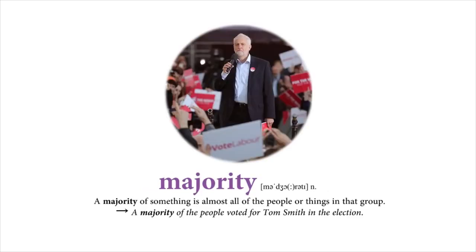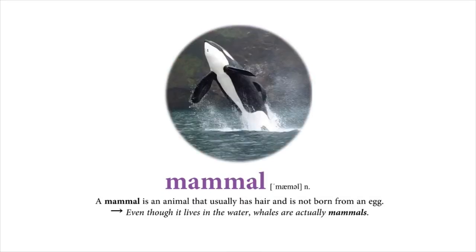A majority of something is almost all of the people or things in that group. A majority of the people voted for Tom Smith in the election. Mammal. A mammal is an animal that usually has hair and is not born from an egg. Even though it lives in the water, whales are actually mammals.